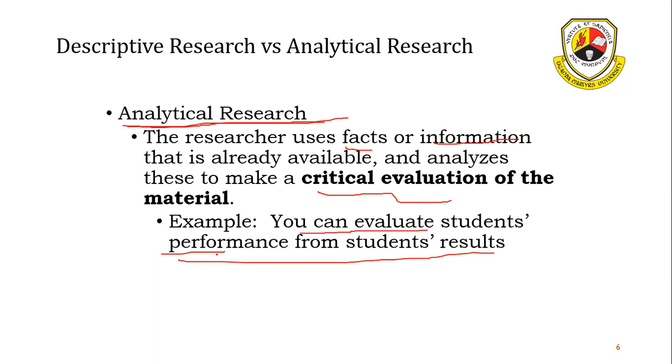What is the result of their output? Then you look at participation. If I have the most active students in class, what is their result? And the least participatory, what is their result? And then you come up with a conclusion. That is a critical evaluation.